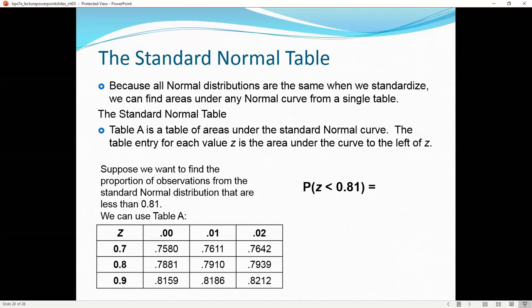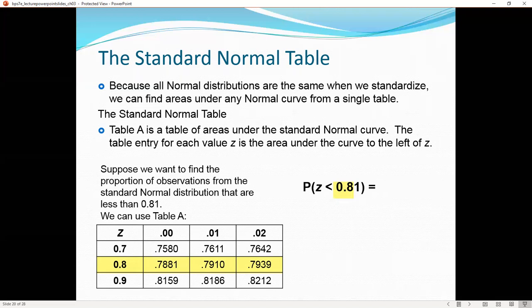So we go to find the z-score. Oh, they did it for me, so I don't have to. Okay, so on the z, you're looking at the tens place in a column and the hundredths place in the row.